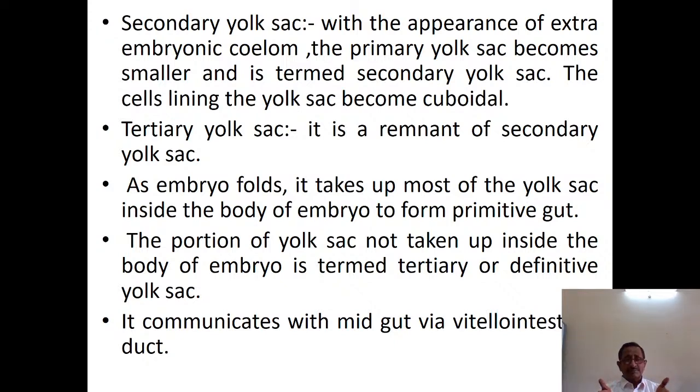So the part of the yolk sac absorbed into the embryo because of the folding is becoming the primitive gut, whereas the remaining part of the yolk sac, outside the embryo, is still connected with the part of the yolk sac that is inside. This connection we are calling the vitello-intestinal duct, the connection between the gut and the yolk sac.